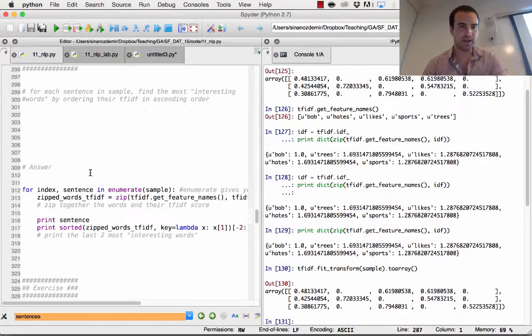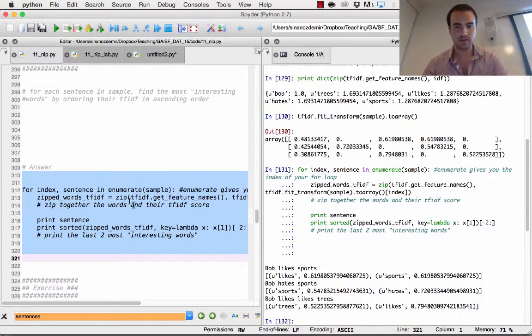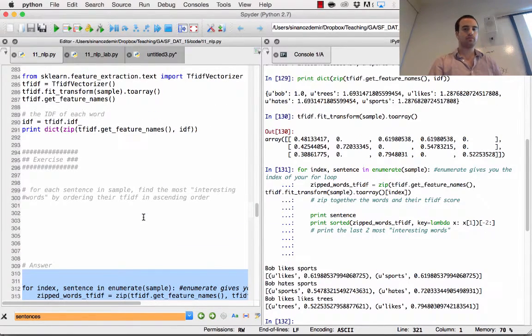Your output, again, the answers are down here. You have the TF-IDF. It's in this matrix. So, as an example, for the sentence Bob likes sports, the two most interesting words are likes and sports. For Bob hates sports, it's sports and hates. And for Bob likes trees, it's trees and likes.